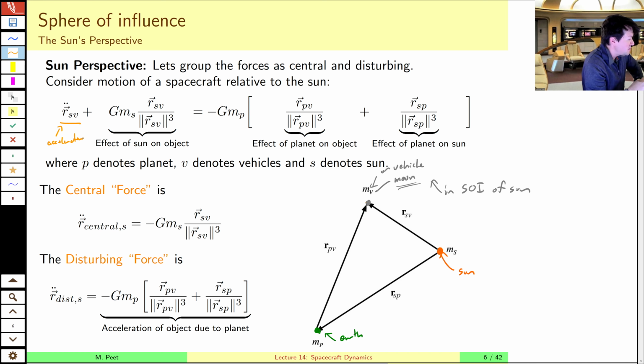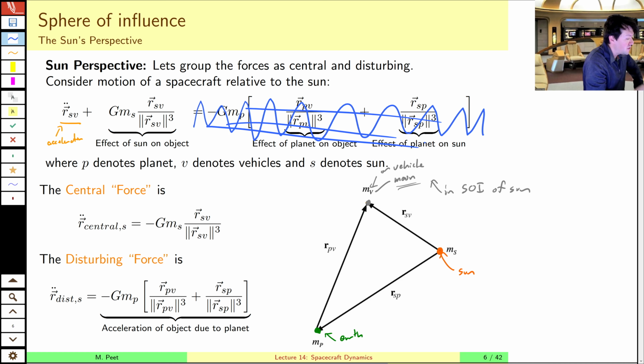And if we were to scratch off all this bit, the disturbing forces, then the equations of motion would just be this one, if there were no planet involved at all. We would just have negative mu over r squared on the right-hand side, and this is the Keplerian motion.